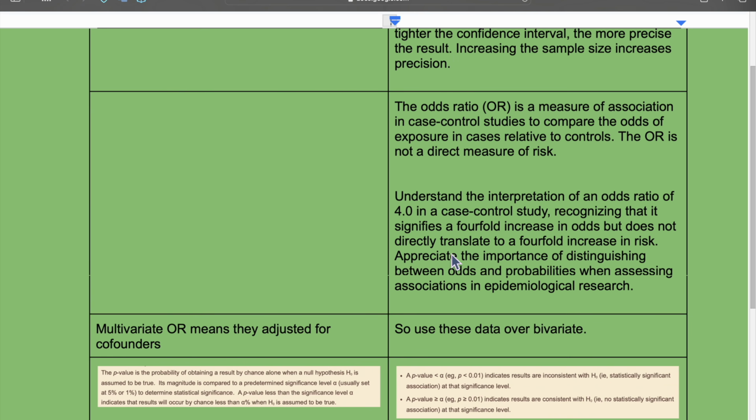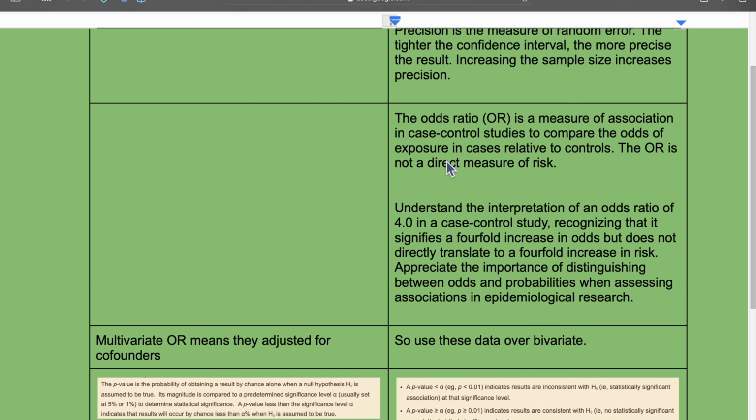Okay, all right. The odds ratio is a measure of association in case control studies to compare the odds of exposure in cases relative to controls. The odds ratio is not a direct measure of risk. Understand the interpretation of an odds ratio of 4.0 in a case control study, recognizing that it signifies a four-fold increase in odds.